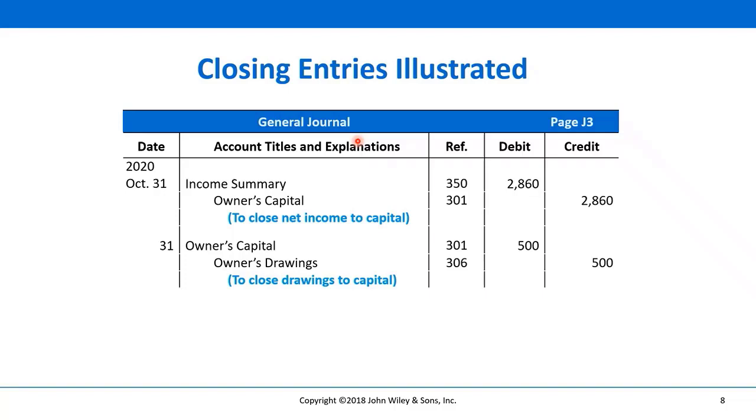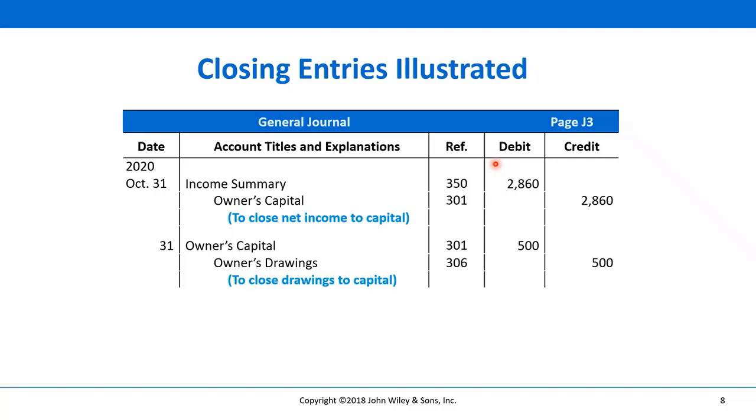So if we want to close the income summary, we have to debit it by the gap. So if we debit the income summary account now by 2860, then the debit side and credit side of the income summary ledger will be the same. No worry, I will show you that in the next video. For now, just think about the third task, which will be to close the income summary.